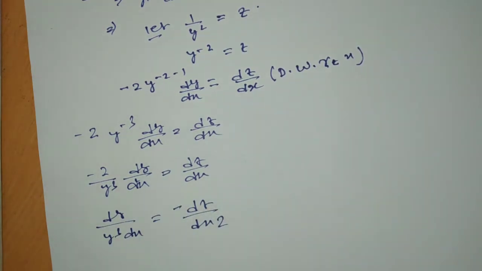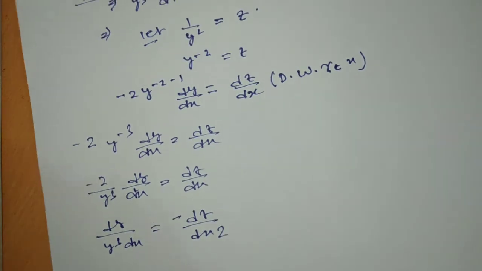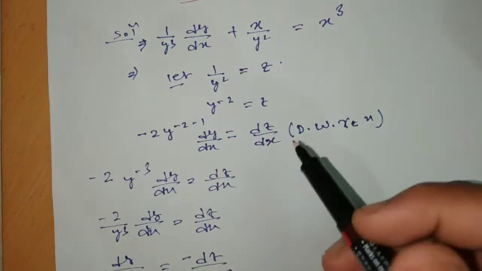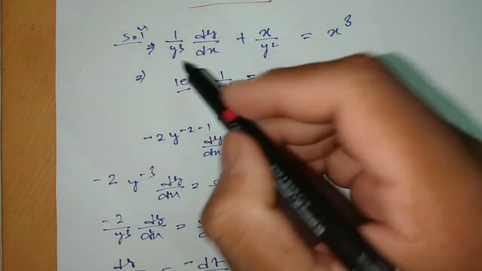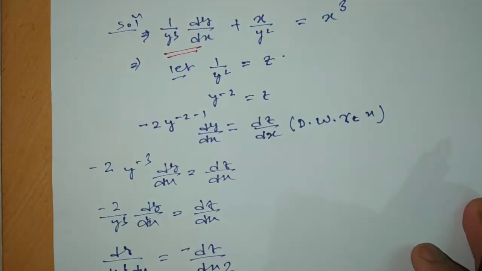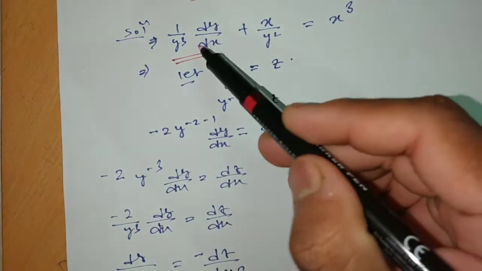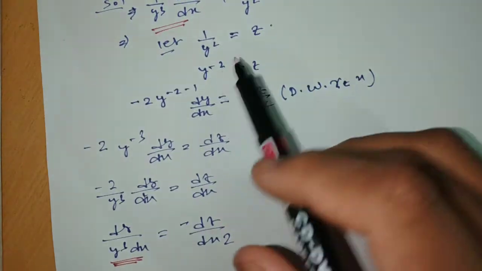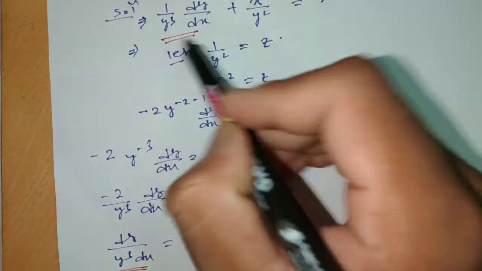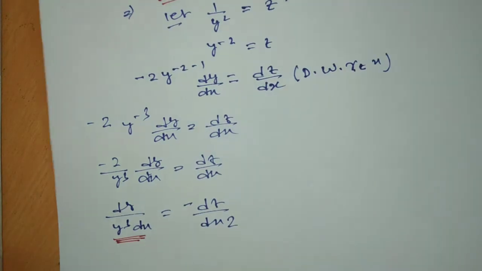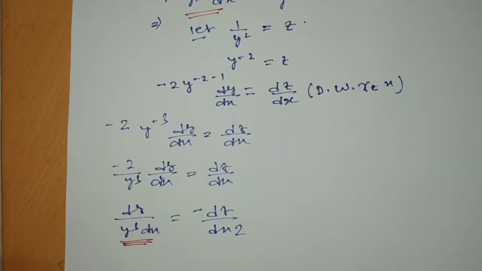Now see, this term and this term are the same: here it is 1 by y cube dy upon dx, and we may write 1 by y cube dy dx equals minus dz upon 2 dx.